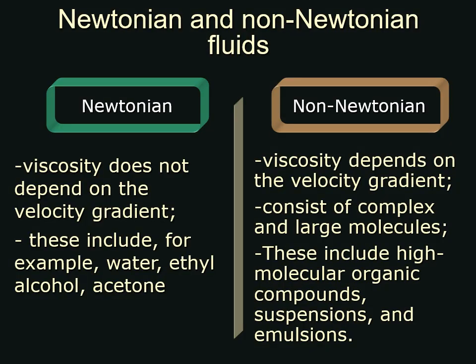The next feature concerning the viscosity of a liquid is the division of liquids into Newtonian and non-Newtonian. Liquids whose viscosity depends only on temperature and on the kind of liquid are called Newtonian.